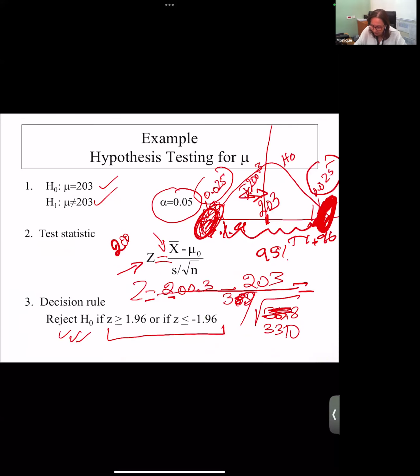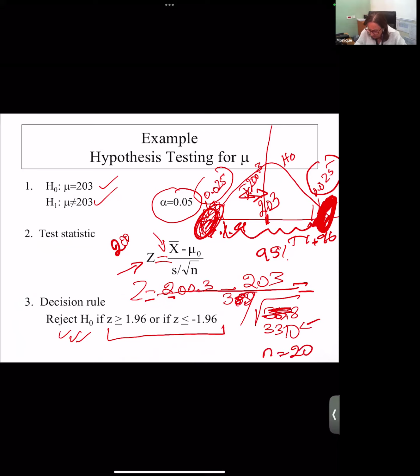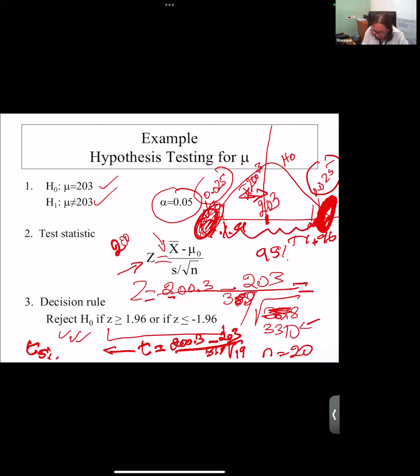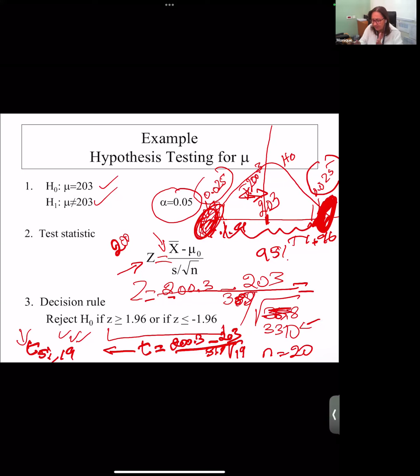So here, if we had an n not of 3310 but of 20, the test statistic would have been t equals 200.3 minus 203 over S, 36.8 over the square root of 20, but we compare that t to a t of 5% and 19. This is what we call the critical value or the decision rule, based on which you say there is an association or a difference, or reject H0 or accept H0.